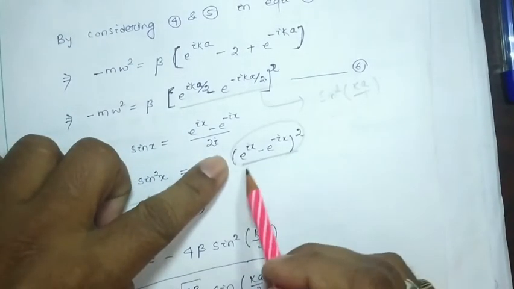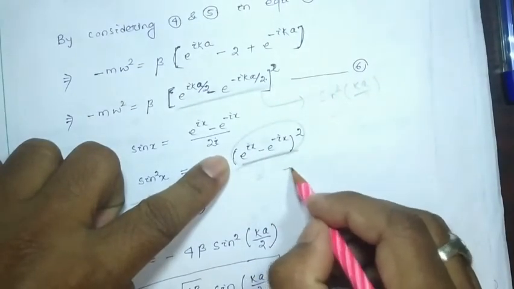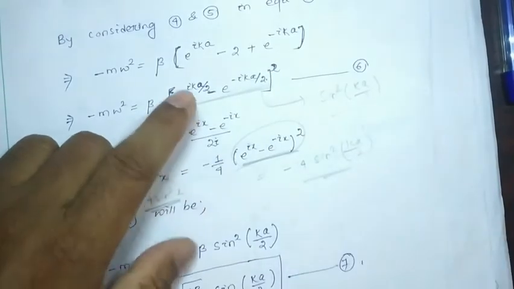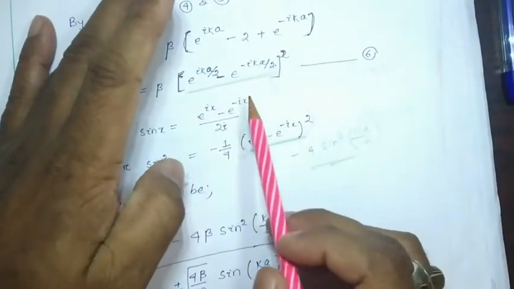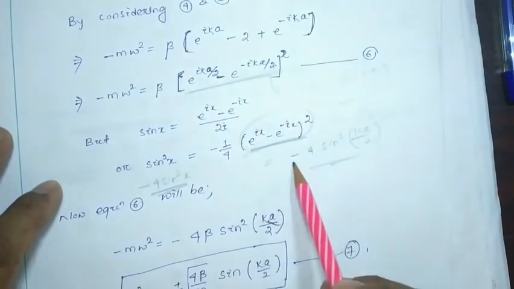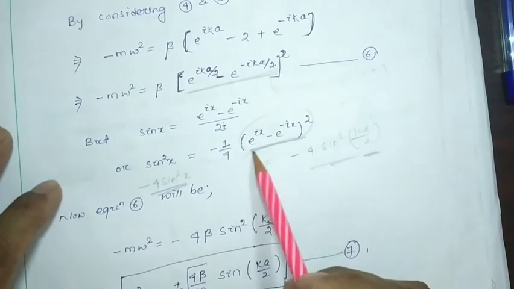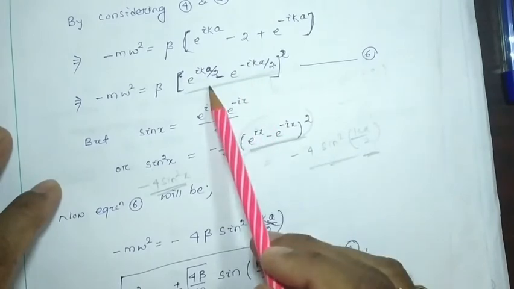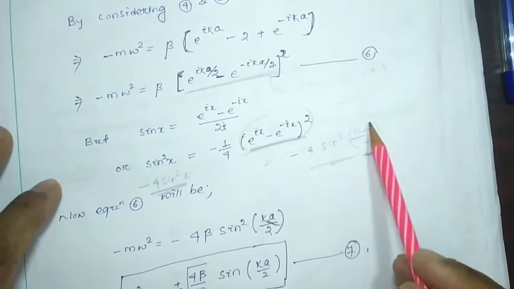If I compare this and this, I will find that the value will be minus 4 sin square ka by 2.